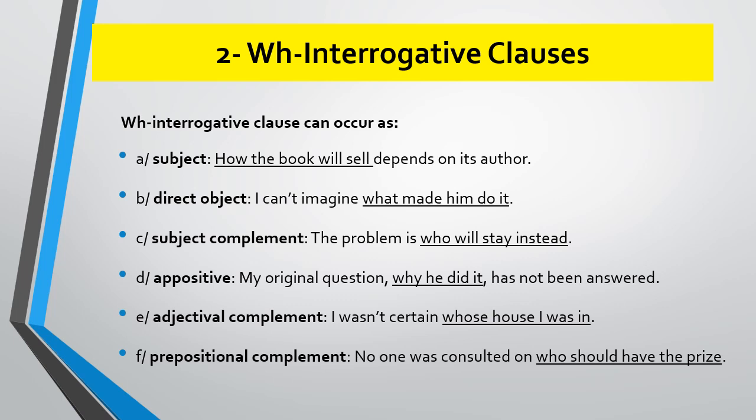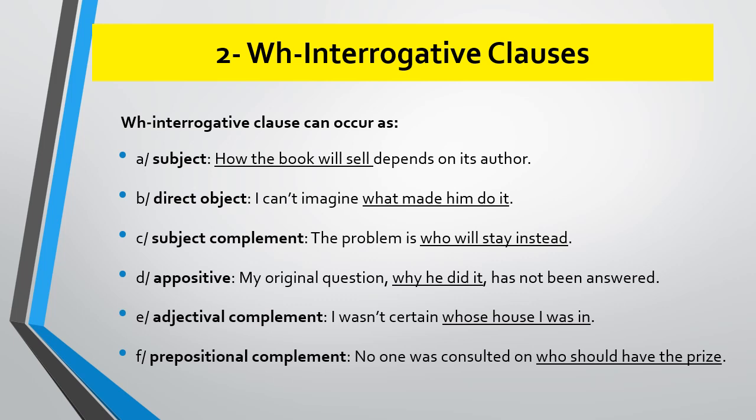A WH interrogative clause can occur as subject. How the book will sell depends on its author. So how the book will sell is the subject, especially as it occupies the position of the subject, and it precedes the verb.